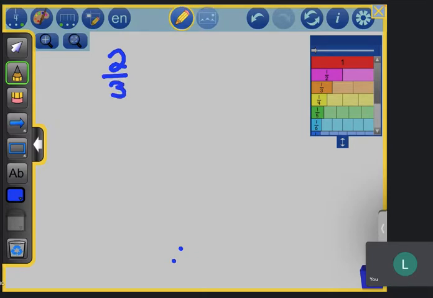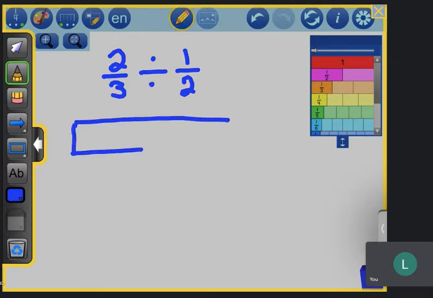So we have 2/3 divided by 1/2. Okay, so the first thing I want to do is draw my models. And I'm going to draw a model to represent one of my fractions. It's a little different when you're working with a fraction divided by a fraction, right?